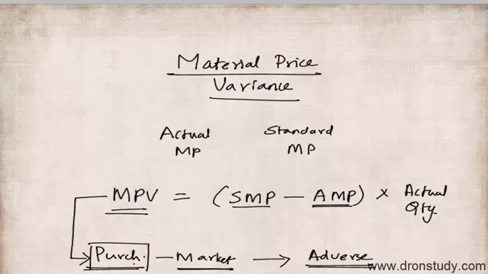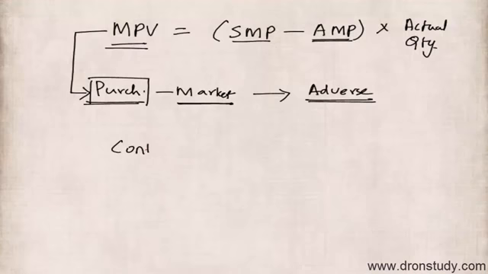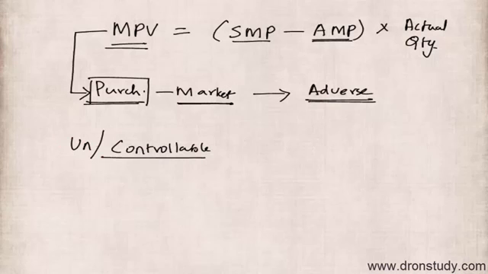So what we have to understand is whether this price variance is because of controllable or uncontrollable factor, because we have both controllable and uncontrollable. If things are within controllable and if there is an adverse variance, then the responsibility should be cast on the particular center or a department for not taking correct action.